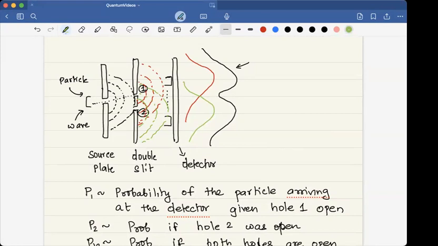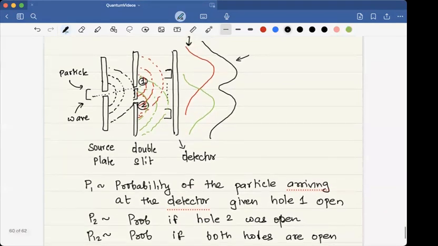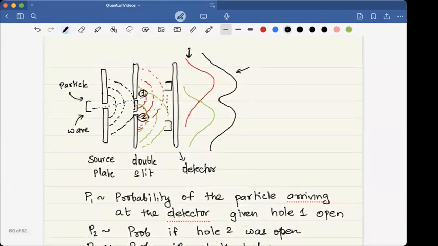If one of the holes is closed, then the patterns are the same as you see over here. The patterns are not different from the particles, but since waves interfere with each other, if we have both holes open, then we have an interference pattern which will look something like this.